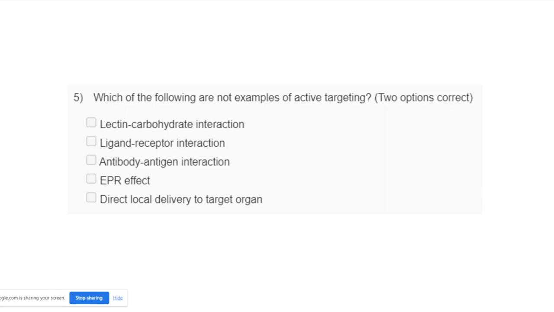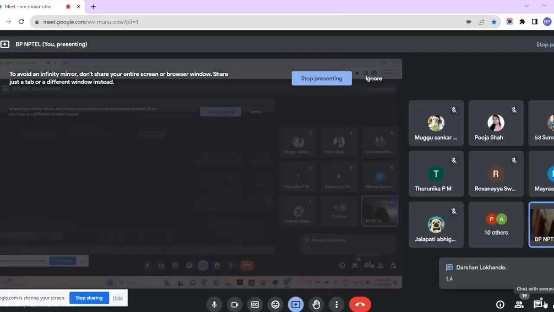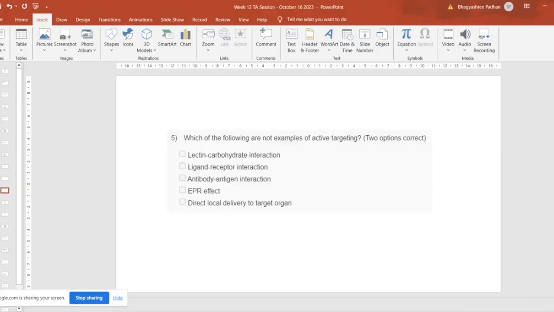Anybody else would like to answer? Which is not an example of active targeting? One and four, okay.